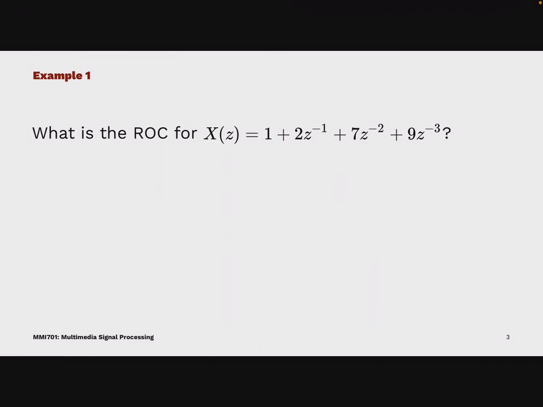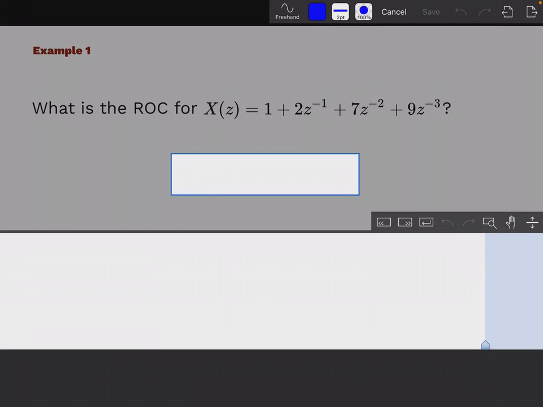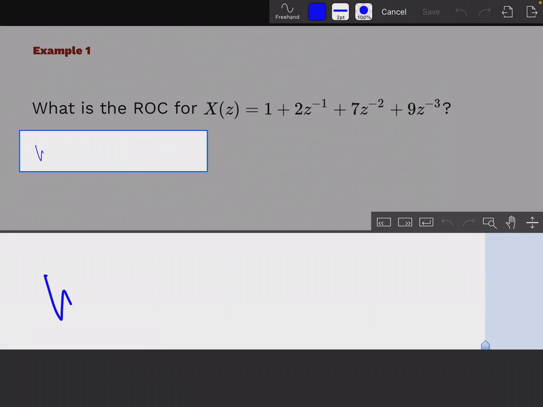So, let's give an example. What is the region of convergence for X of z equals 1 plus 2z to the power minus 1 plus 7z to the power minus 2 plus 9z to the power minus 3? We can pose the same question in two ways.